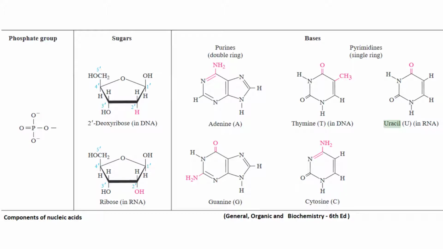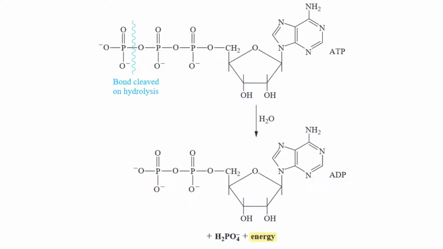We can go to the next slide and see that this is energy. Adenosine triphosphate, ATP, is basically the energy molecule for most life forms, analogous to a charged battery.